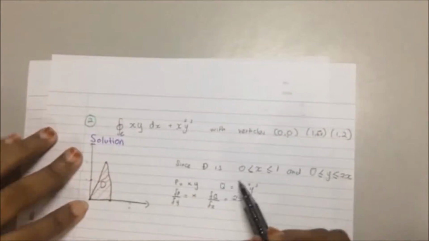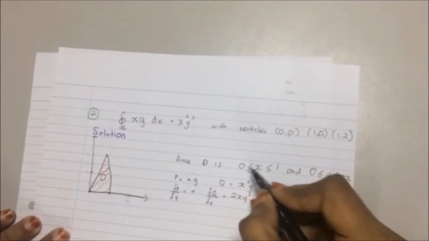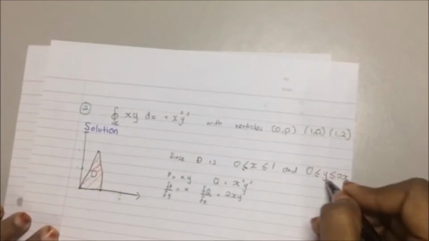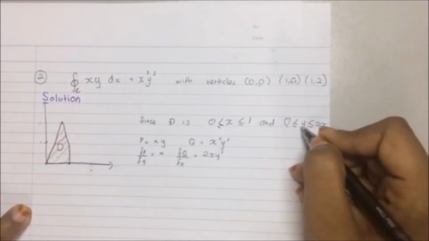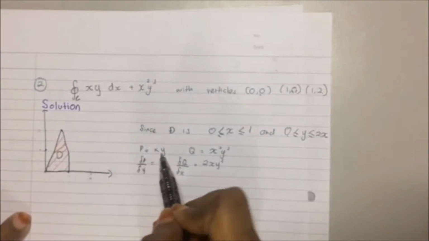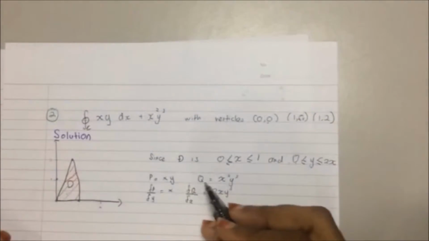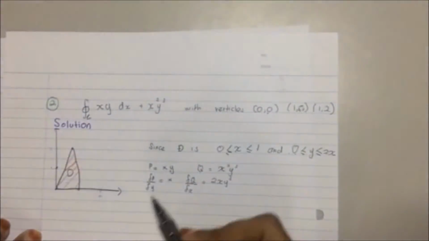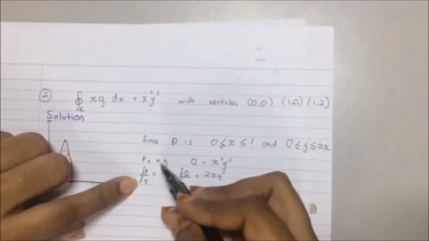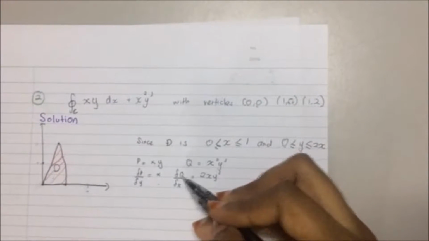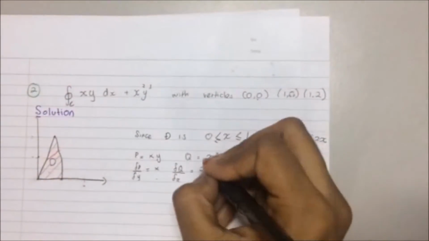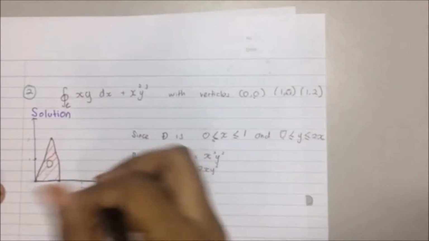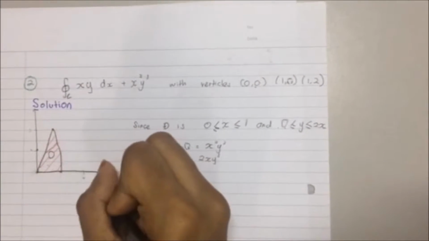So D is x between 0 and 1, and y is more than 0 and less than 2x, and P equals xy, Q equals x squared y cubed. We differentiate P, we get x, we differentiate Q, we get 2xy cubed. So now we apply Green's theorem.